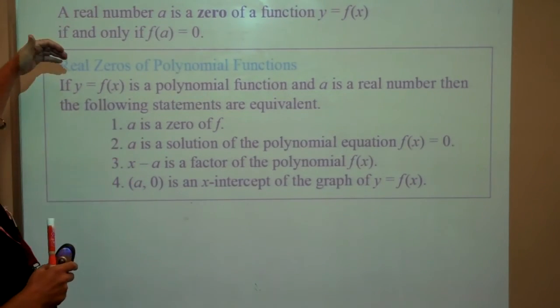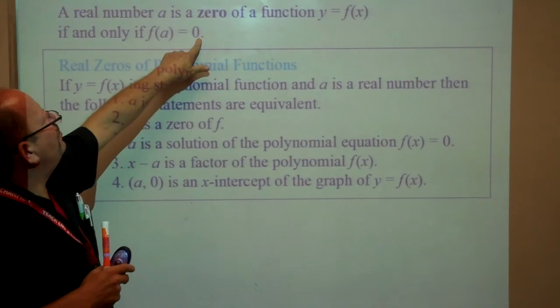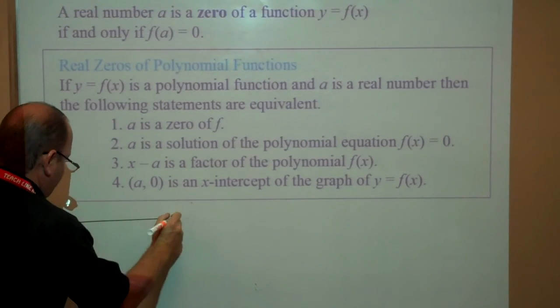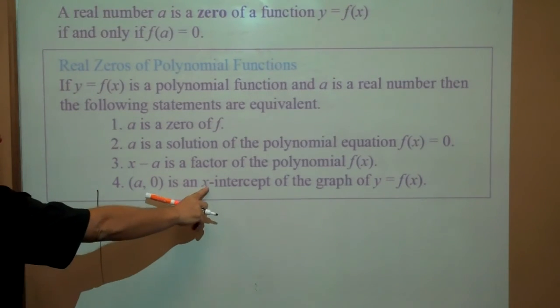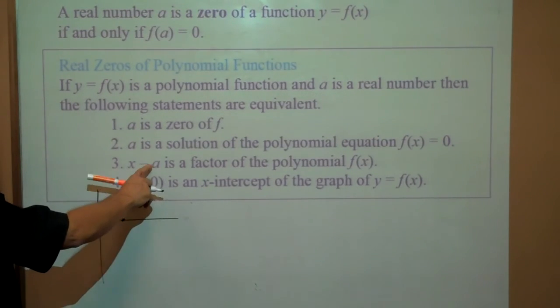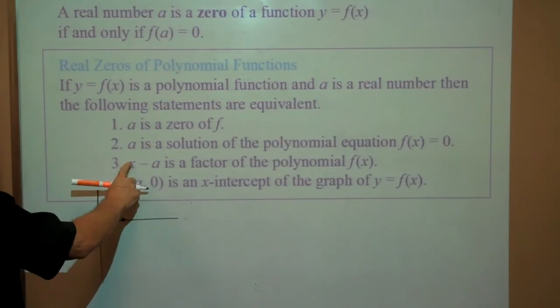So when we're talking about a zero, we're talking about what makes y equal 0. Y equals 0 when it is an x-intercept. And these are where we get the factors, by taking that value here for a, and going back.